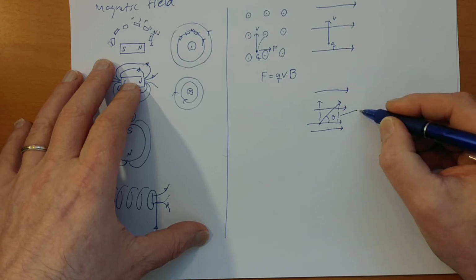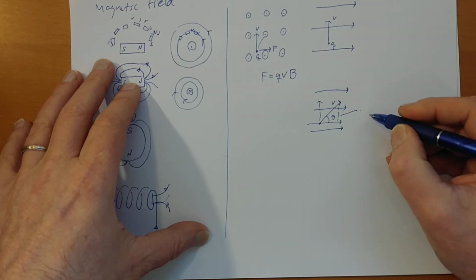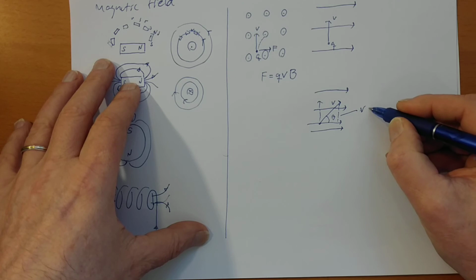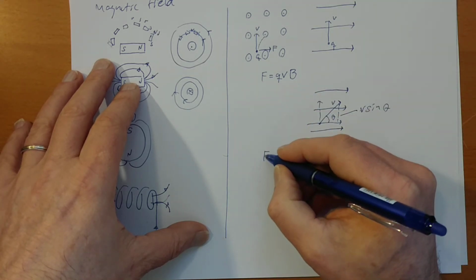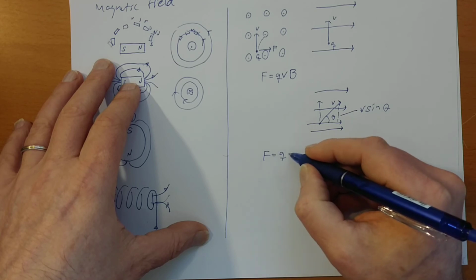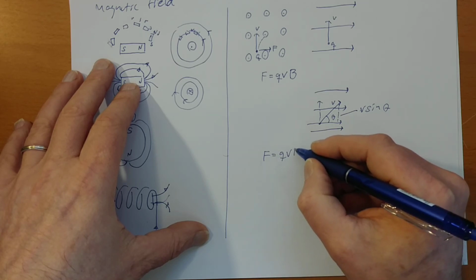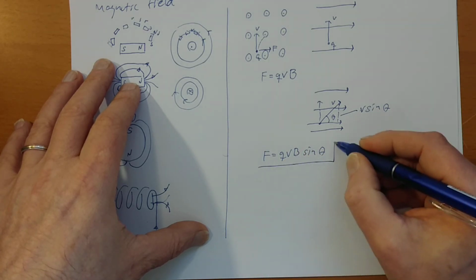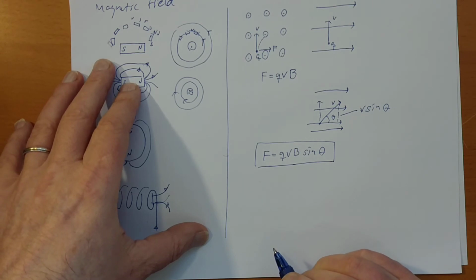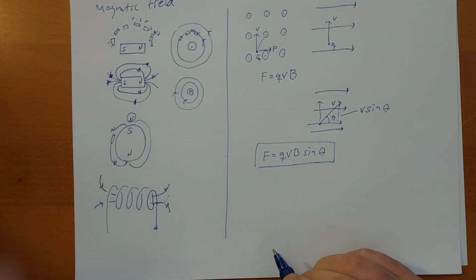And this is, of course, if this is the velocity v here, that velocity v times the sine of theta. So we combine that and get the formula force equals q v B sine theta, and that is the formula that will give us the force acting on the charge. And then we use our right-hand rule to figure out the direction of the force.